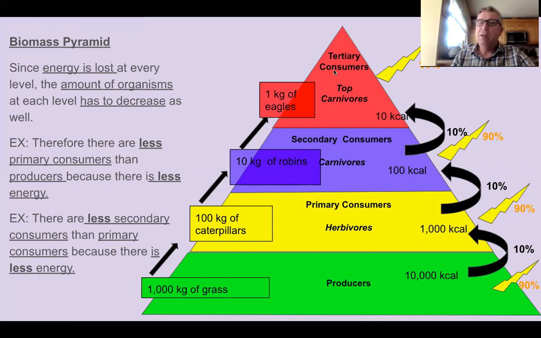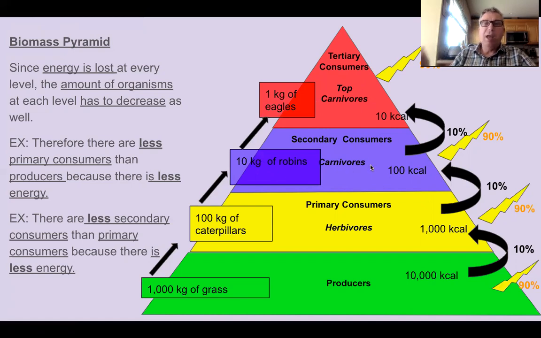There aren't enough secondary consumers to support very many mountain lions. I think the range of a mountain lion is like 7 to 8 miles, so there's only enough energy to support maybe one or two mountain lions in a particular area, because there aren't very many secondary consumers they can feed off of.